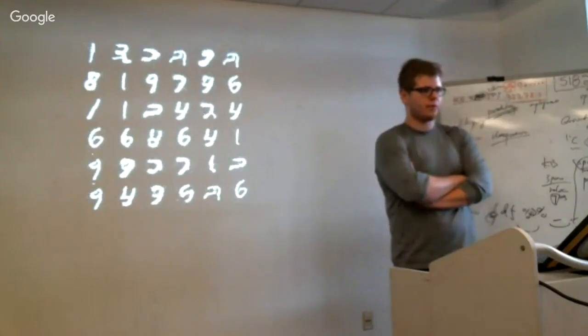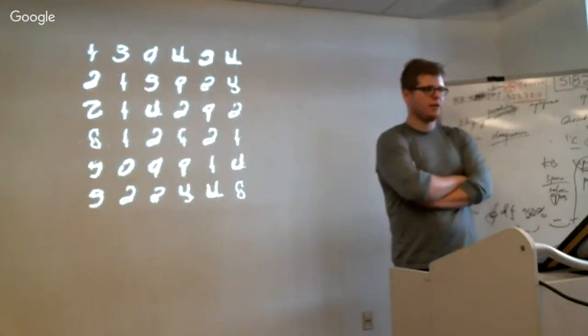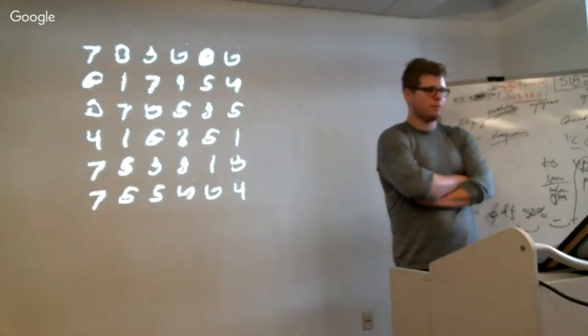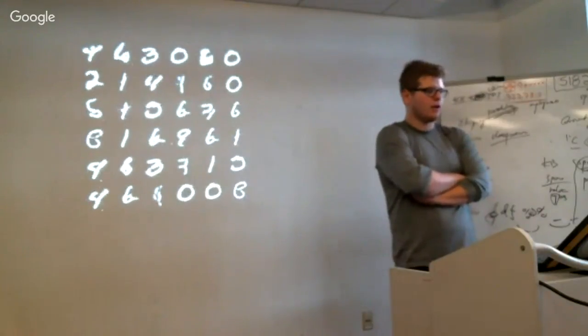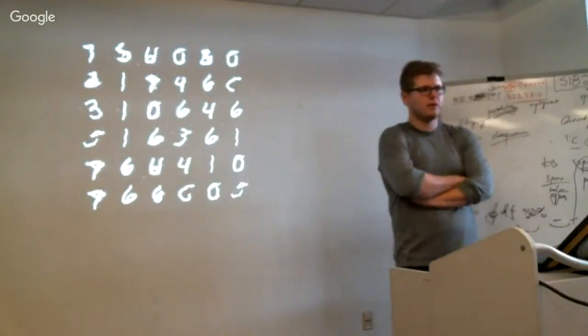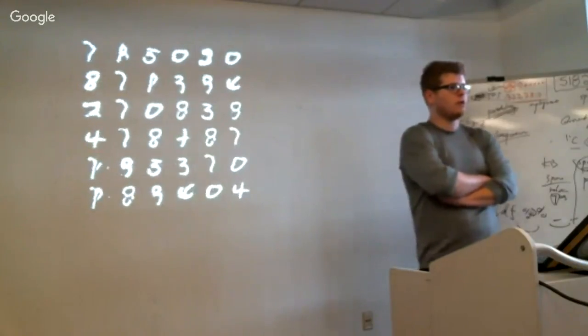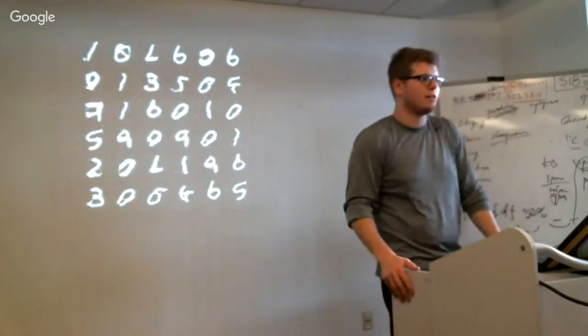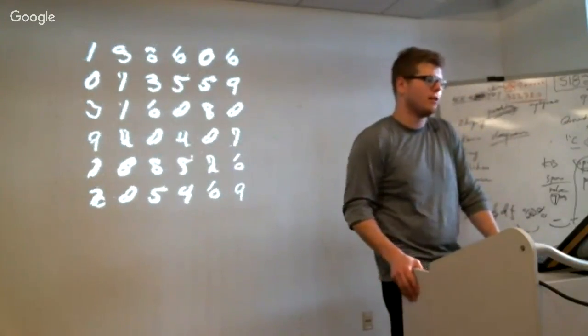There's a common one where it goes from being a panda to being a gibbon with 99% confidence. It's been carefully selected so that it can fool the classifier.